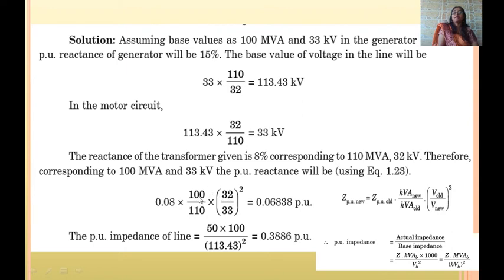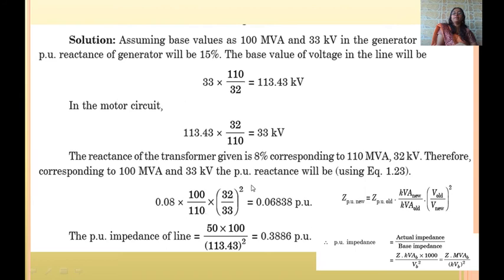So 0.08 is the absolute value, 100 MVA is the base, old is 110 and 32, upon 33 is the new, whole bracket squared. It is MVA, not kVA, it is 100 MVA. The rating of that transformer is 8% corresponding to 110 and 32, so old is 110 and 32.